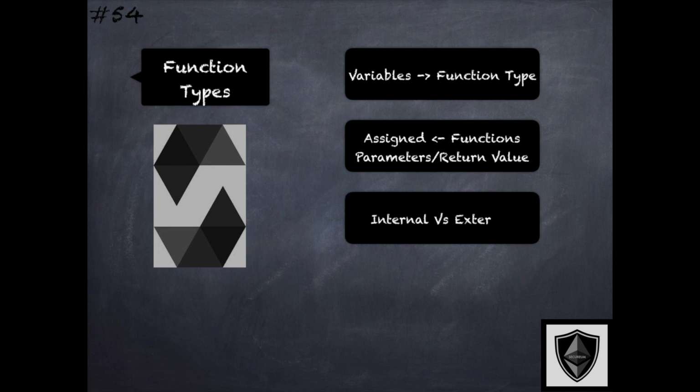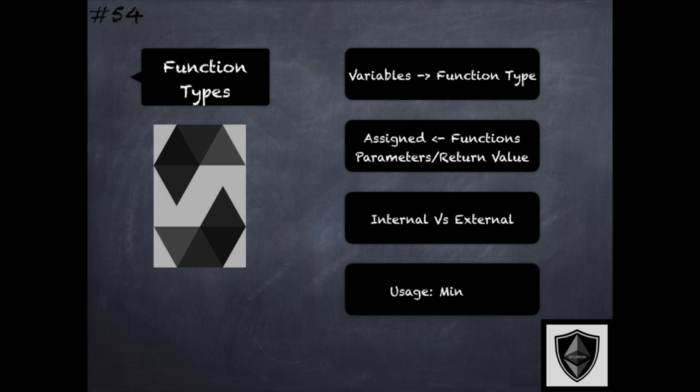They come in 2 types, internal and external. Internal functions can only be called inside the current contract. External functions consist of an address of the contract where they're relevant, and a function signature along with it, and they can be passed and returned from external function calls. The usage of function types is somewhat minimal in most of the common smart contracts that you would see.